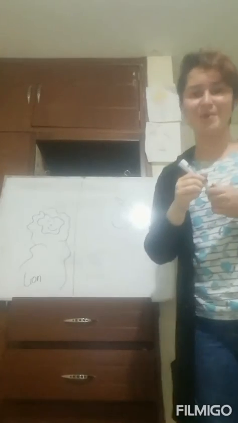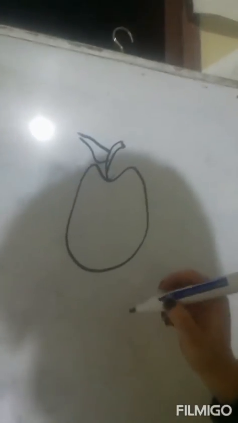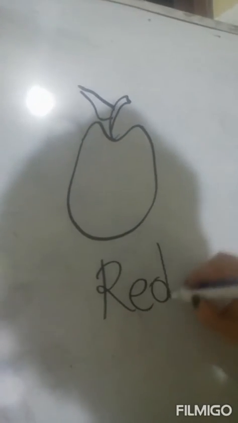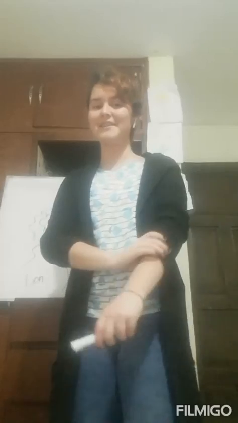We must suppose that it is an apple represented by a red color. So the idea is that the students learn the vocabulary of animals and colors, taking into account this activity. I think that is an interesting activity.